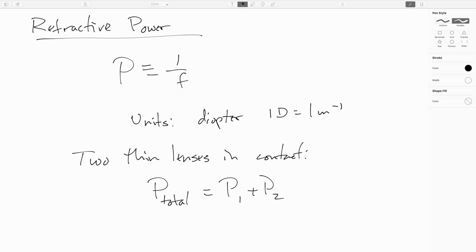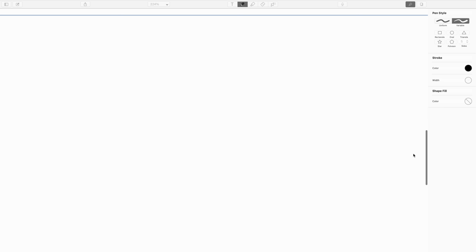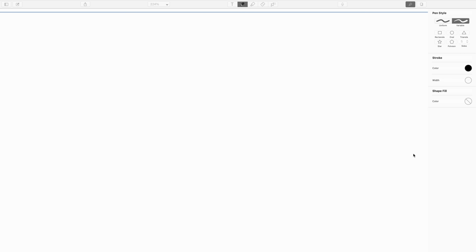All right, so with that, let's go ahead and get into the eye. And I'm sorry, but I am very much not a biologist, and so this drawing is going to be terrible. I'm going to try to draw an eye as best I can here.